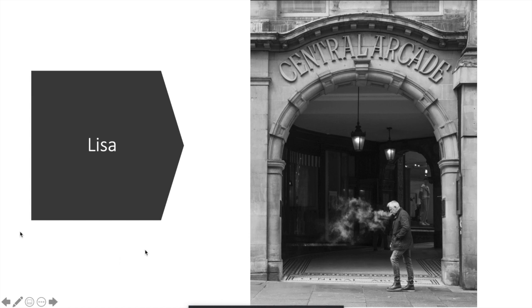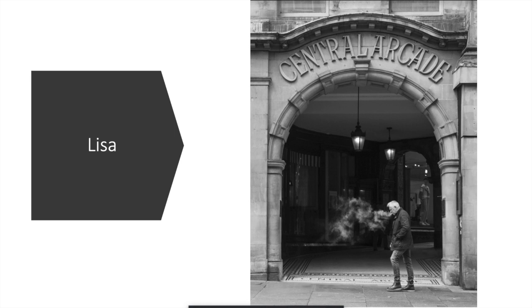Lisa, yours is next. David Robinson, would you care to critique, please? Yeah, I like the idea of turning this to a black and white, and it brings out the guy who appears to be smoking.